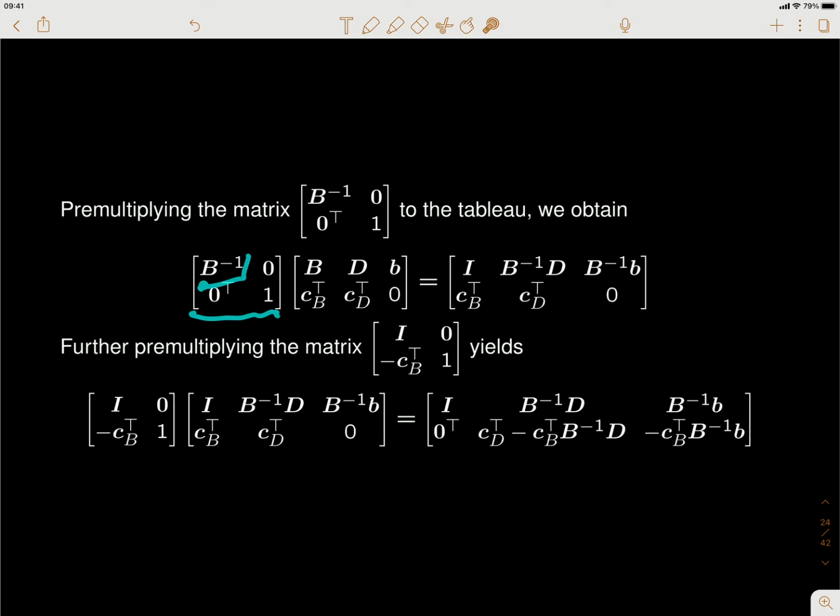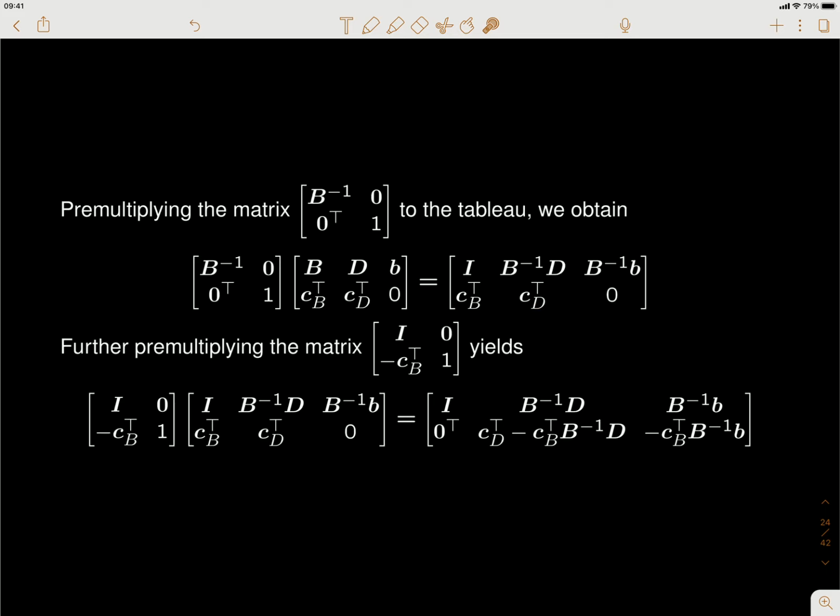This is the m by m upper leading principal submatrix, and this is the last entry here. So when you multiply them together, as I mentioned, you just multiply this to each of these, and you get these two together giving you the identity matrix. This gives us B inverse times D, and B inverse times the vector B gives us the basic variables. The bottom row gives us C_B, C_D, 0 because it's just 1, it doesn't change anything.